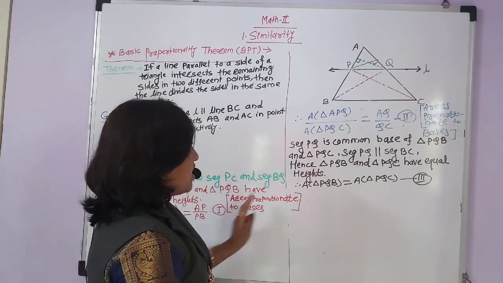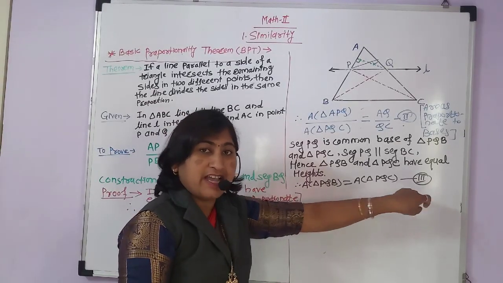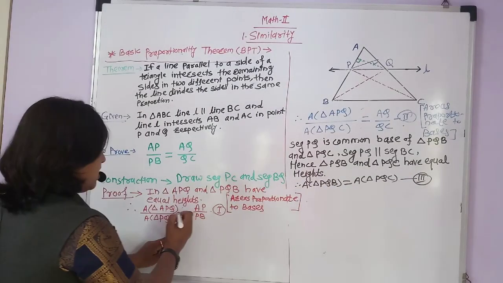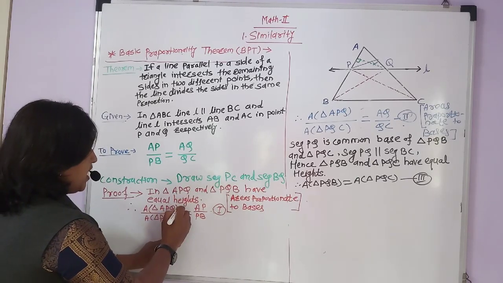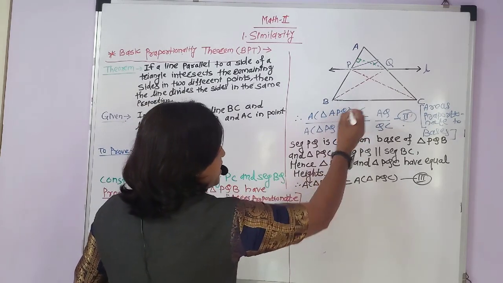From equations 1, 2 and 3, if we observe these three equations, we get the idea. See here, area of triangle APQ, and here also area of triangle APQ.